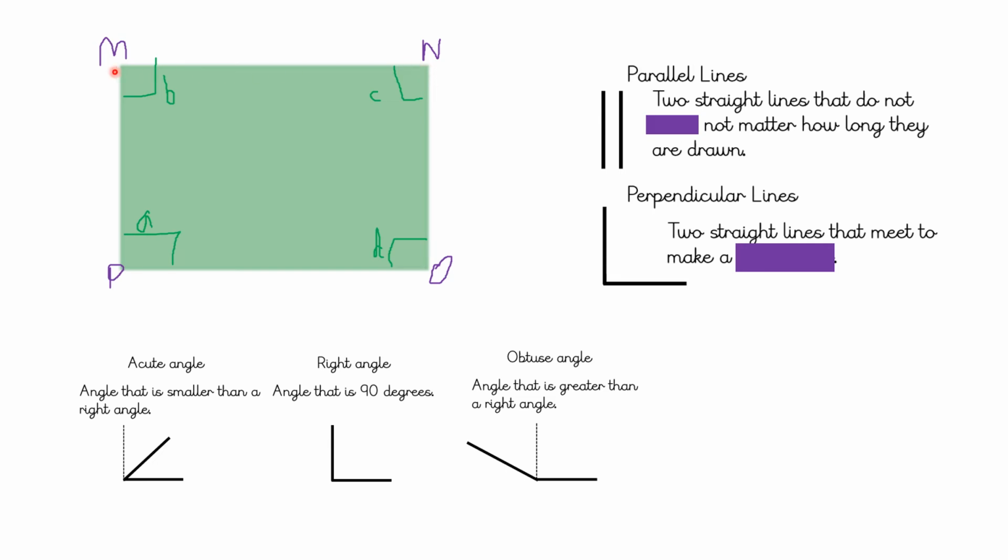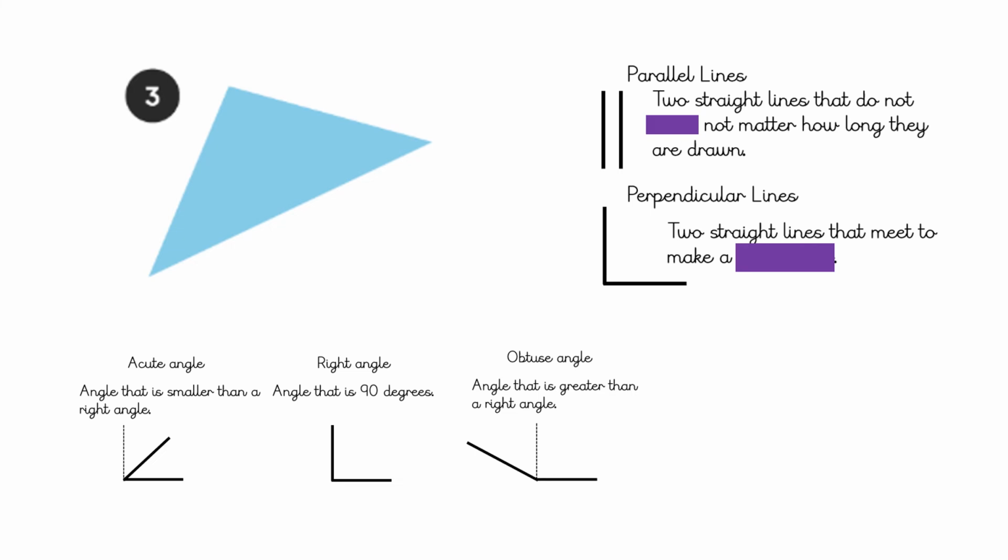Again, we can see we've got 4 sets of perpendicular lines because we have 4 right angles. Great work, Year 3. We can notice that our description of the rectangle was the same as our description of the square.